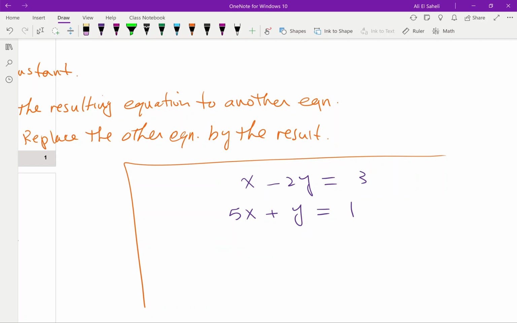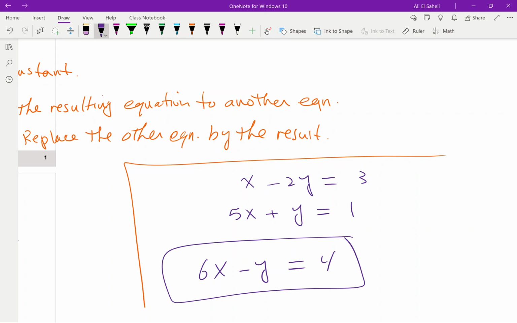So x plus 5x is 6x, minus 2y plus y, because we're adding like terms, is minus y. So this is the left side, and on the right side, 3 plus 1 is 4. The resulting equation is an equivalent equation.